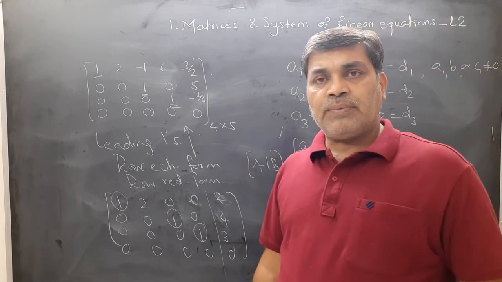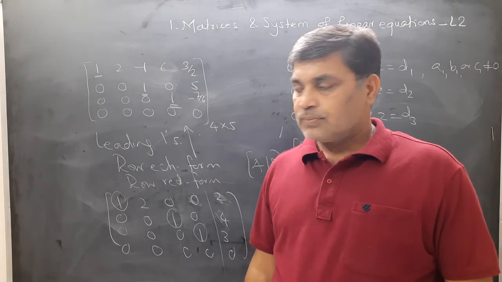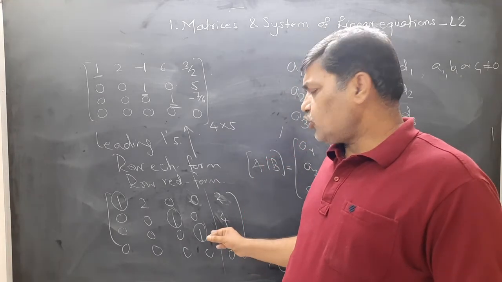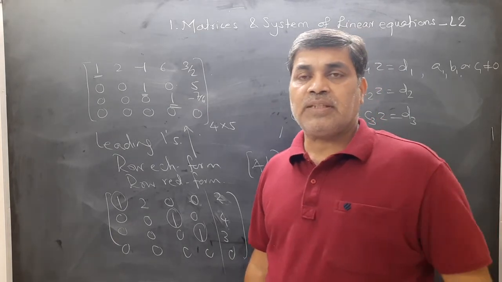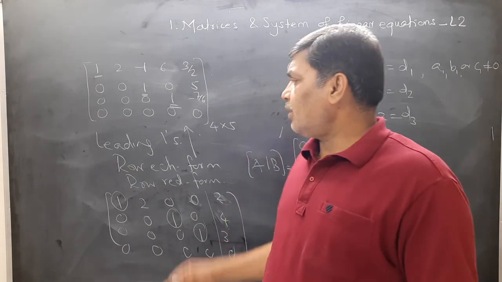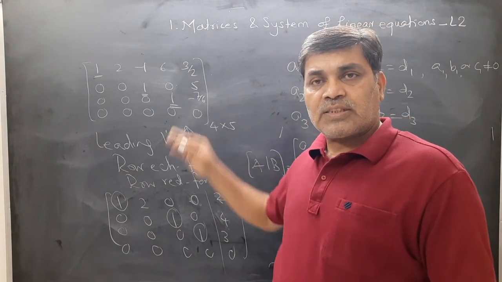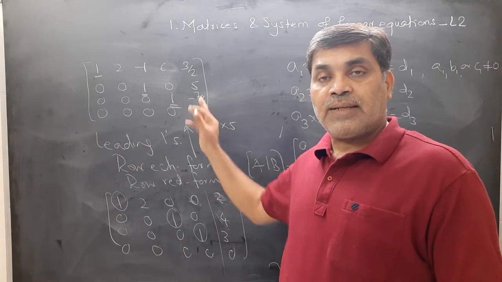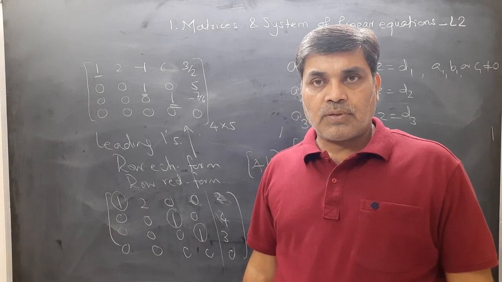And due to that free variable, the corresponding system has infinitely many solutions. From the Gauss-Jordan elimination method, we get the direct solution. So the Gauss-Jordan elimination method is also known as a direct method, while the Gauss elimination method depends on back substitution and is solved with the help of row echelon form.